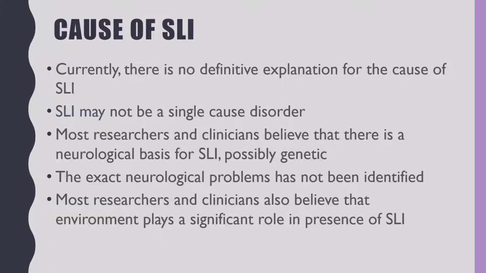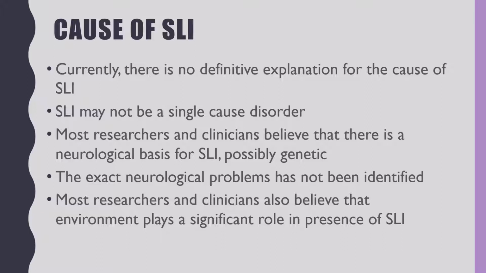Currently, there is no definitive explanation for the cause of SLI. We are generally looking at a genetic basis and seeing that there tends to be probably a set of genes that when they come together, they'll be able to identify those and be able to identify a risk of language impairment.